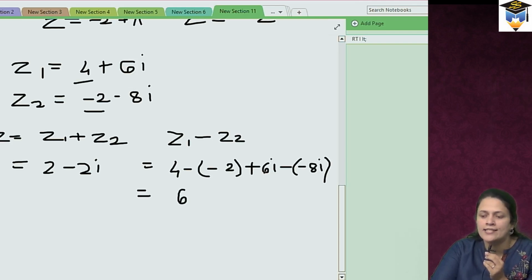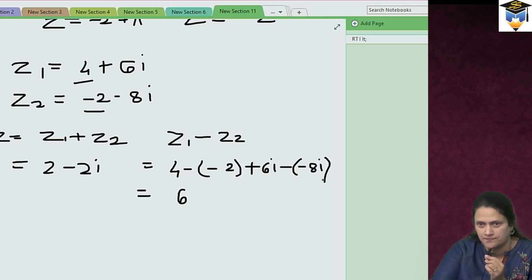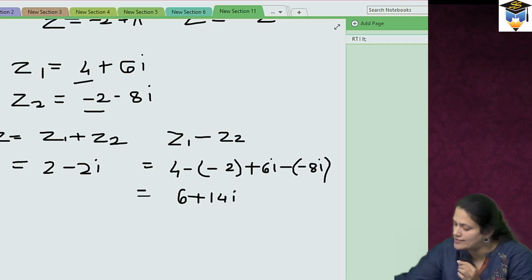And this is plus 6 minus of minus 8. So plus 6 minus of minus 8 will be plus, because minus of minus 8 is plus 8, plus 6, that is 14i. So addition subtraction is easy. Have you understood, all of you? Okay, addition subtraction is very easy.